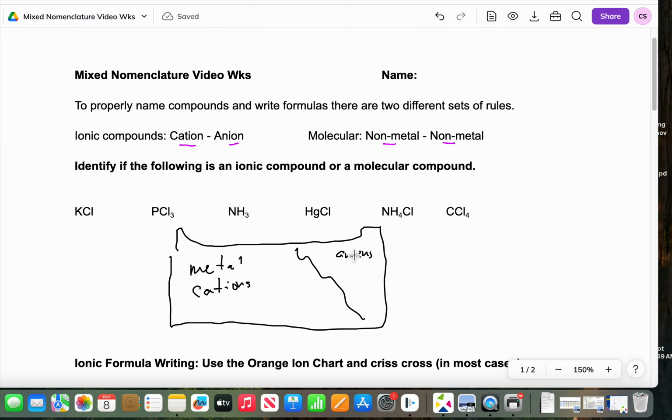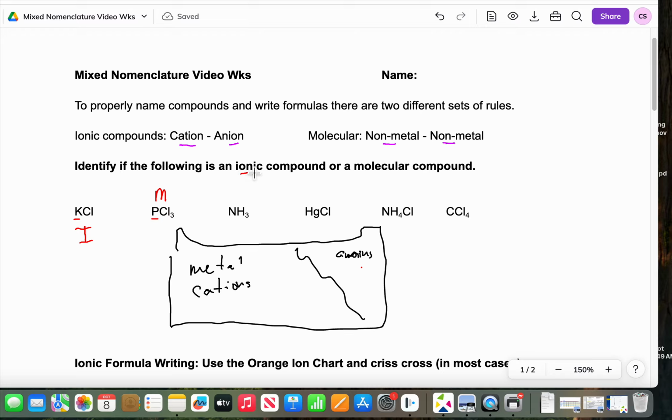Okay, I think I spelled anions wrong, but anyway. So if you take a look at the first element in a formula, that's K, that is a metal. So that one is ionic. If you look up at P, that's a nonmetal, an anion. So that one is a molecular compound.